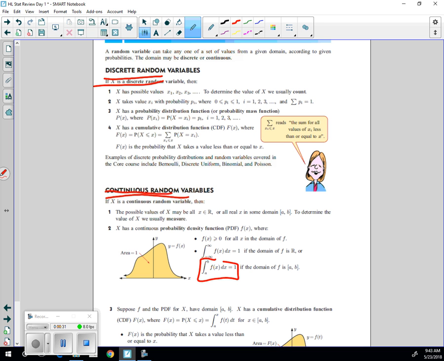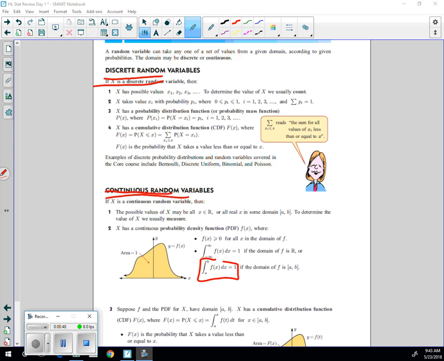They could be a meter, they can be 2 meters, whatever. So discrete are individual numbers, like whole numbers, 1, 2, 3, usually positive values.